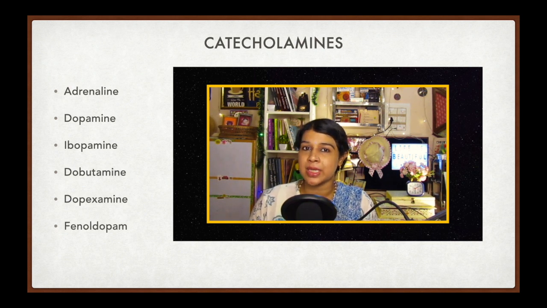I repeat, it has agonistic activity on beta-2 and D1 receptors and also shows noradrenaline reuptake inhibitory action. Okay? Next drug, fenoldopam. Fenoldopam is a D1 agonist. It is very useful in hypertensive emergencies.